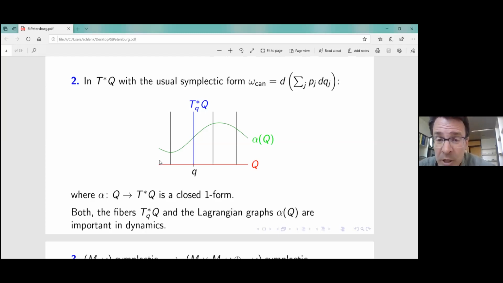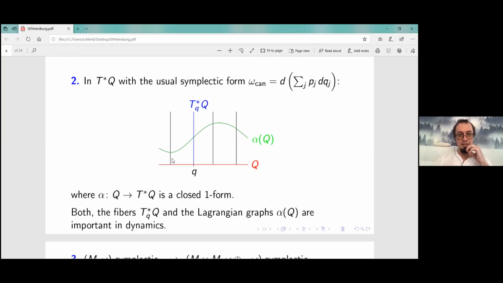It's also Lagrangian, and more generally, the section of a closed one-form is Lagrangian. And actually a section is Lagrangian if and only if the one-form is closed. So there is already an interplay between the notion of Lagrangian in symplectic geometry and cohomology classes, right? Good. So these examples are actually very important, even though very simple.